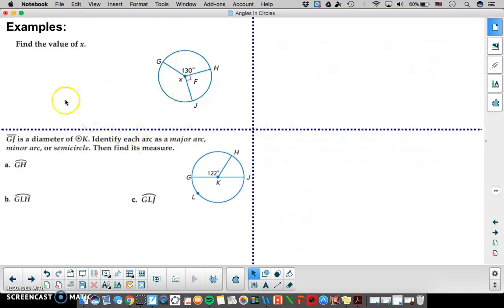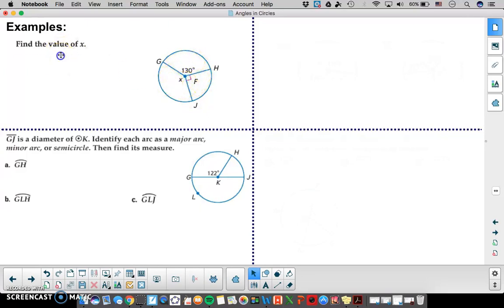So we have this example here. I want to find the value of x. So notice x is at the center of the circle. That means we're going to be measuring this central angle GFJ. We're given that central angle GFH is 130 and central angle HFJ is 90.